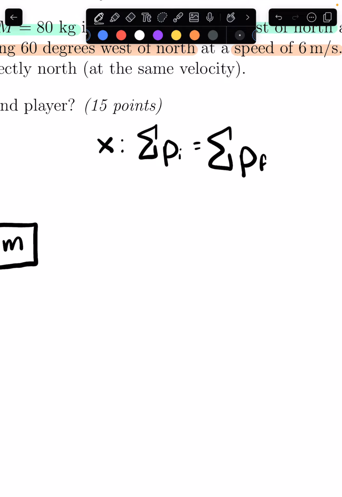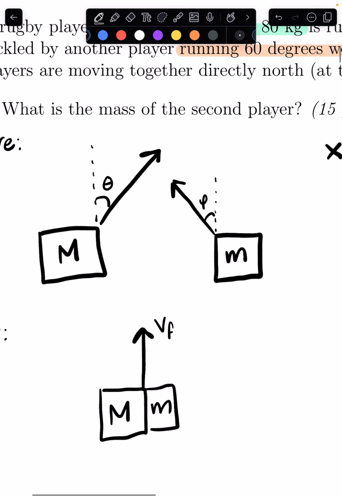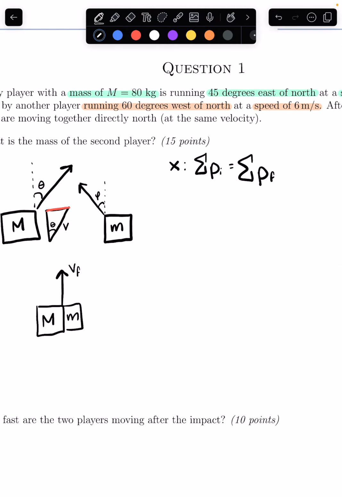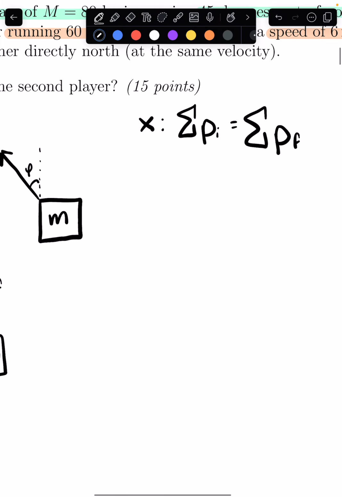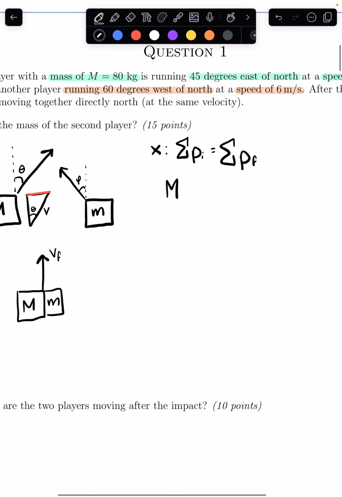So when we look at our initial momentum here, we can draw triangles of the motion really quickly. So this is our velocity and this is our angle theta, and we're looking for the x. So we're looking for this right here. So we know that the mass is just going to be M, and our velocity is going to be this v sine theta.